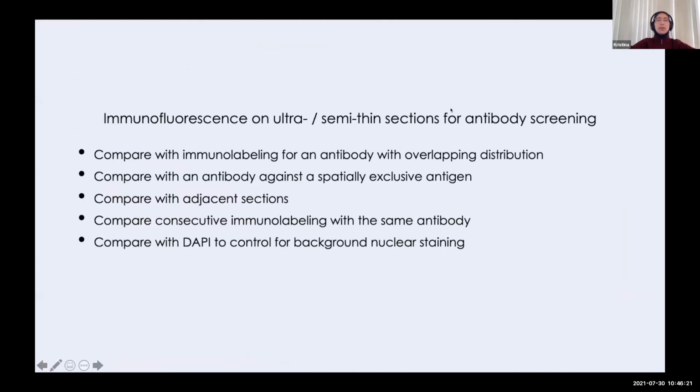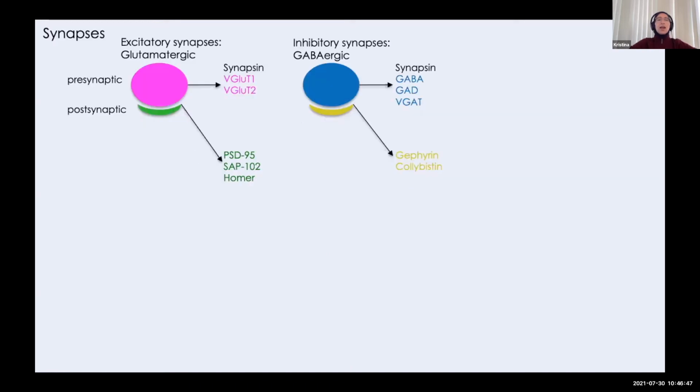So it becomes much easier to compare the immunolabeling with other antibodies that have similar distribution, or check whether it would label locations where it is not supposed to label. So use it together with an antibody against spatially exclusive antigens, or check background nuclear staining. There are a lot more possibilities and it's much more efficient.